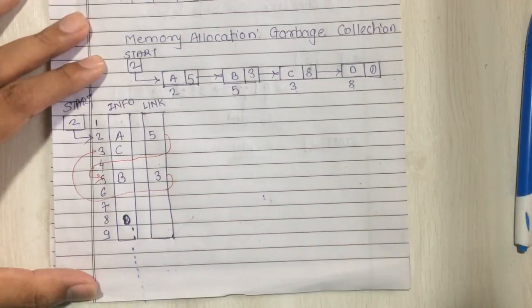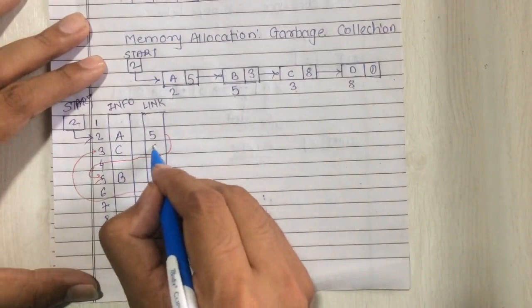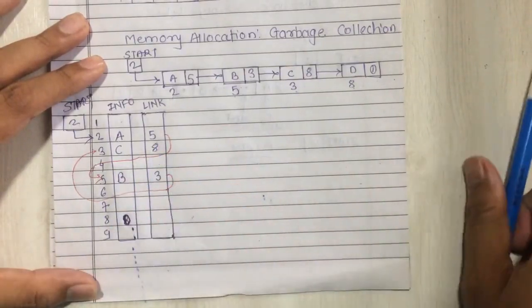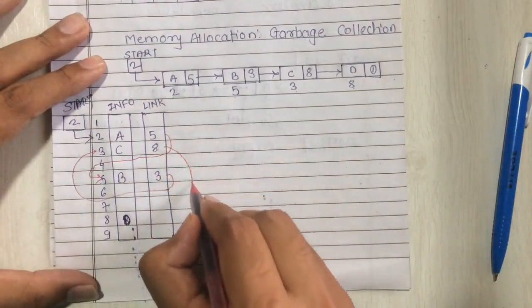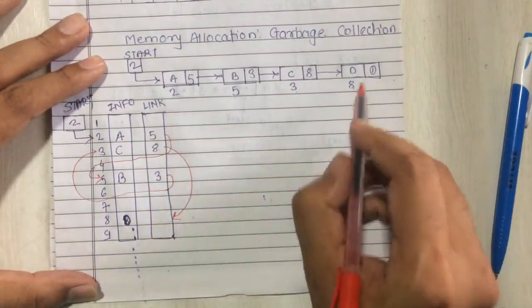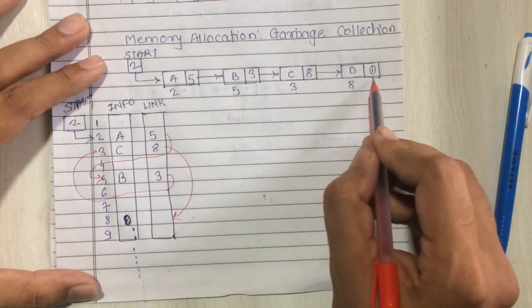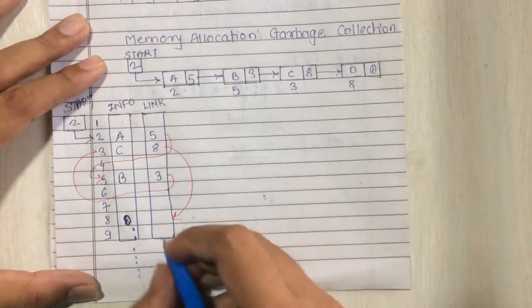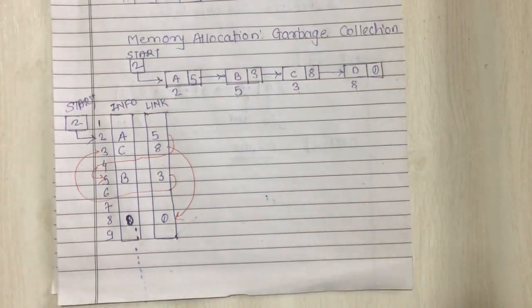Then next, C is linked with the node with the address 8, so the link part of this node contains 8. We'll link this with the 8th node, and the link part of this node contains 0. It means this is the last node. So in this fashion, memory gets allocated. This is a simple memory representation of the linked list that we have already discussed.